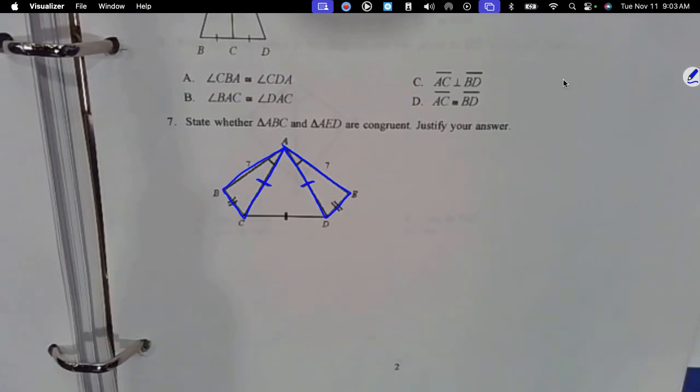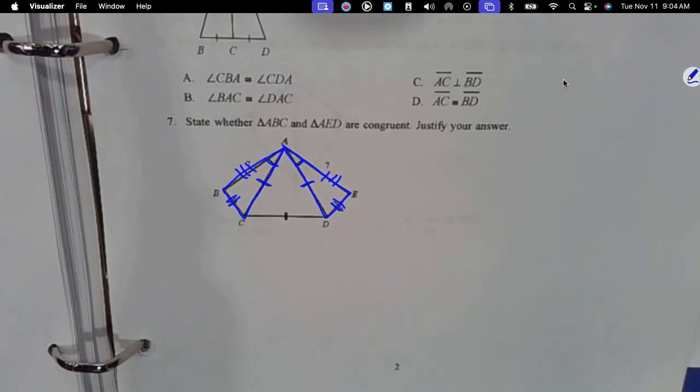What else do I know? I know this side. What else do I know? The angles. I do know the angles, but angle side's not a thing. Do I know the other side? What are they? 7. They're the same, right? If that one's 7 and that one's 7, they're the exact same. So I could mark it like this.